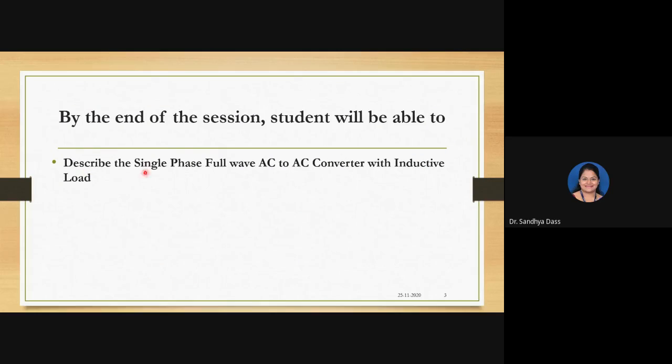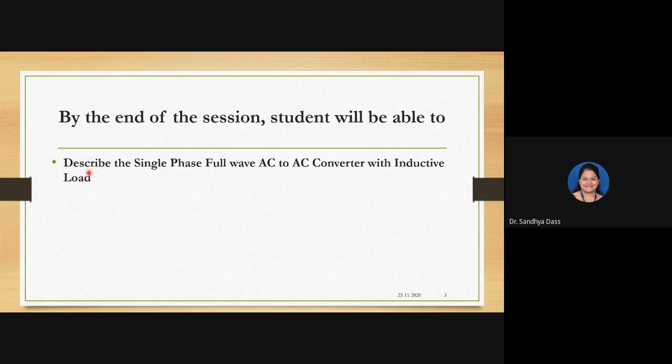You are able to describe this single phase full wave AC to AC converter means you should be able to differentiate or highlight what's the difference between resistive and inductive load. And when I say describe, you should be able to clearly explain what is a full wave converter, how the full wave converter works, all right.